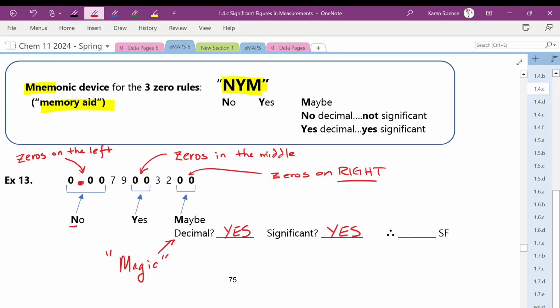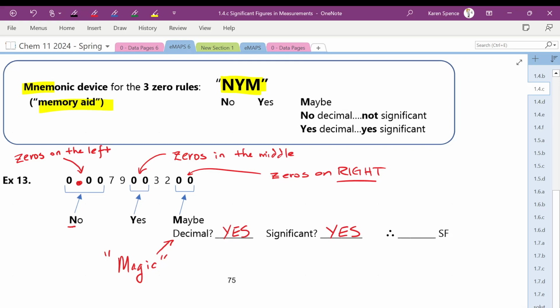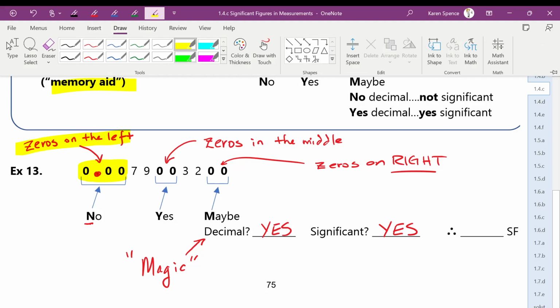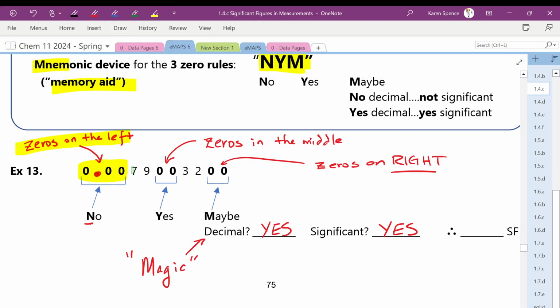So for this question, if we had to say how many significant figures, the zeros on the left, I'm going to highlight those in yellow, those are not significant. So I don't count them. I don't start counting. And then I hit some non-zero digits, so those are significant.